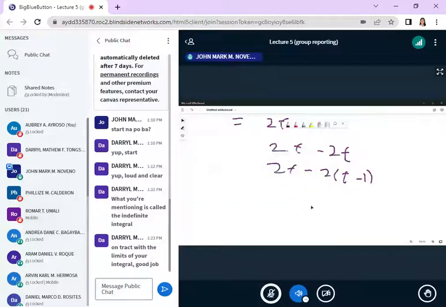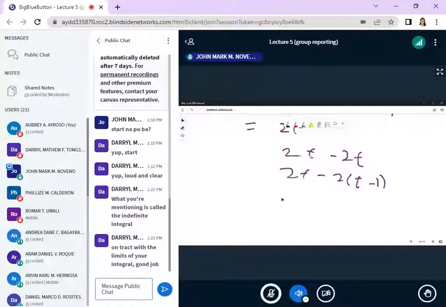So, ang magiging sagot natin dyan, 2t minus 2, tapos i-distribute natin siya, t, tapos positive 2. Yan. Tapos i-simplify natin siya.